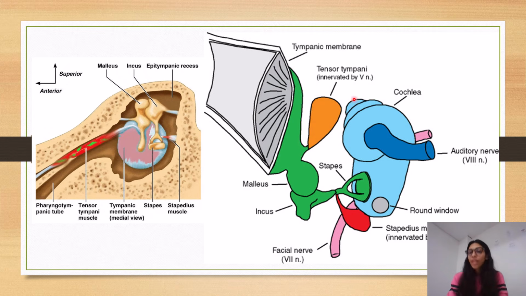The tensor tympani is innervated by our fifth cranial nerve, the trigeminal nerve. Apart from this, there are different types of ligaments and tendons, and also we have our eustachian tube. The basic function of the eustachian tube is to maintain the pressure on both sides of the tympanic membrane, and also it drains extra fluids into our nasopharyngeal cavity.